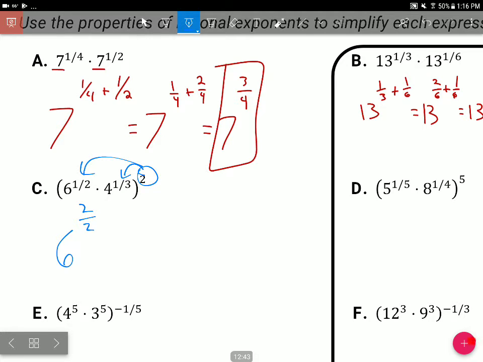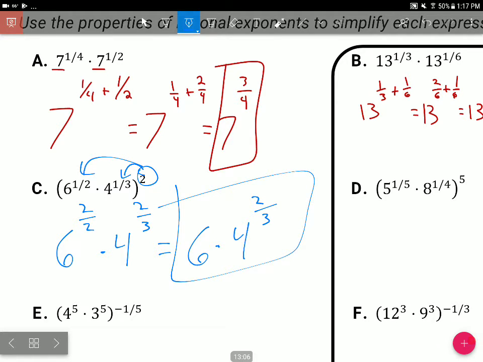If you want to go ahead and write 1, that's fine. 2 times 1/3 is 2/3. Remember, if you're multiplying the fraction by something, you multiply the 2 times the numerator. And like y'all said, 2 divided by 2 is still 1, so it's 6 times 4 to the 2/3. And that's your answer.